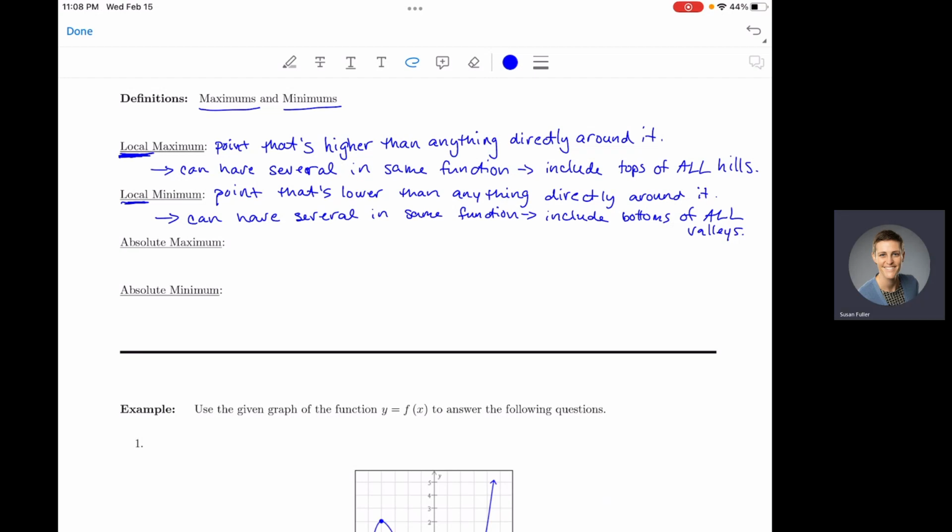Okay, and then these last two, absolute maxes and mins. So if I tell you that I'm looking for the absolute maximum, what does that mean? That means the single highest point a function achieves.